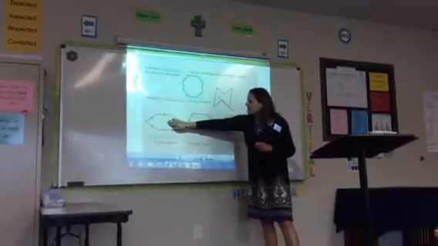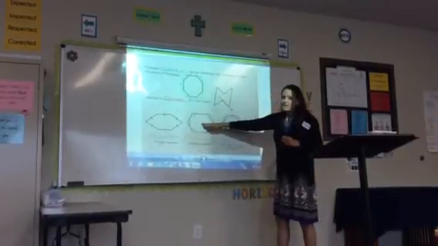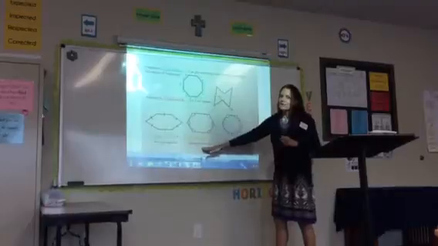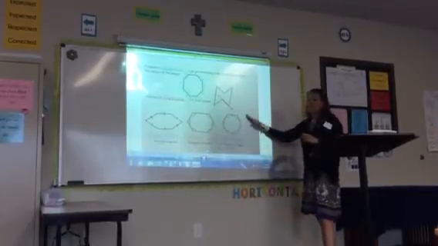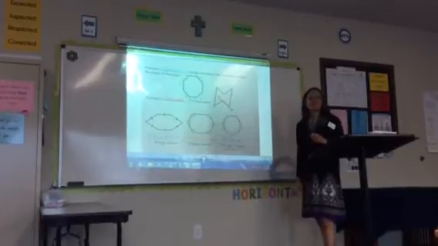All of the sides congruent, equilateral. All of the angles congruent, equiangular. If both the sides and the angles are all congruent, then it's a regular polygon.